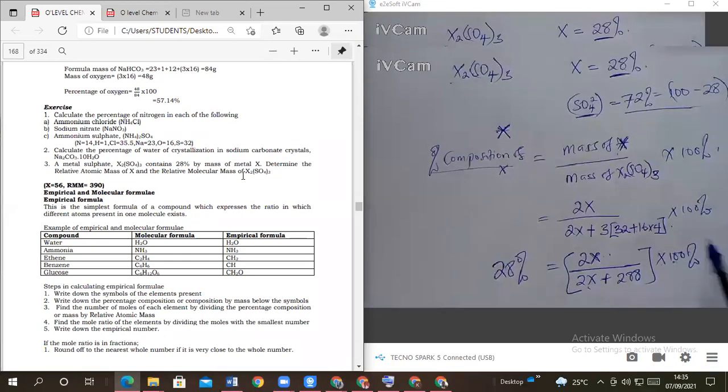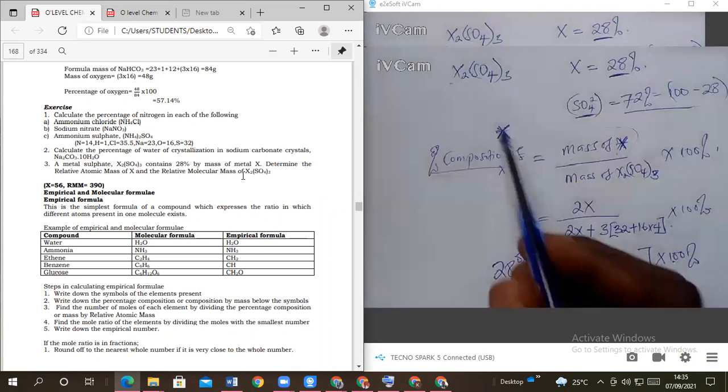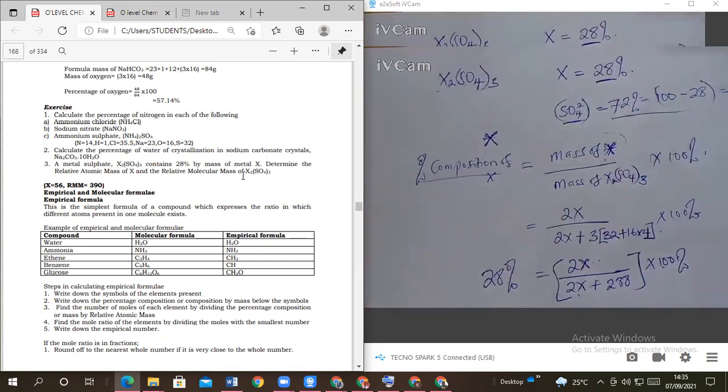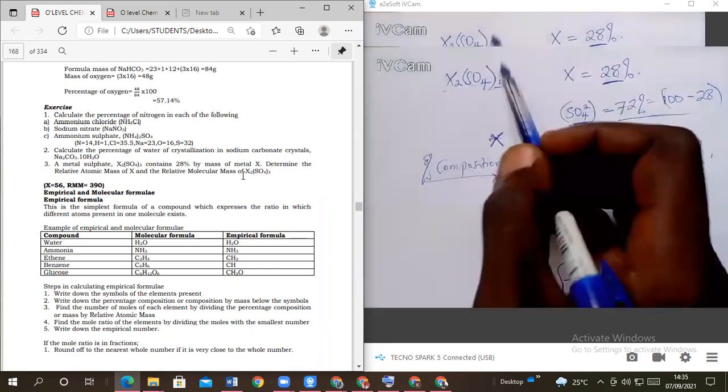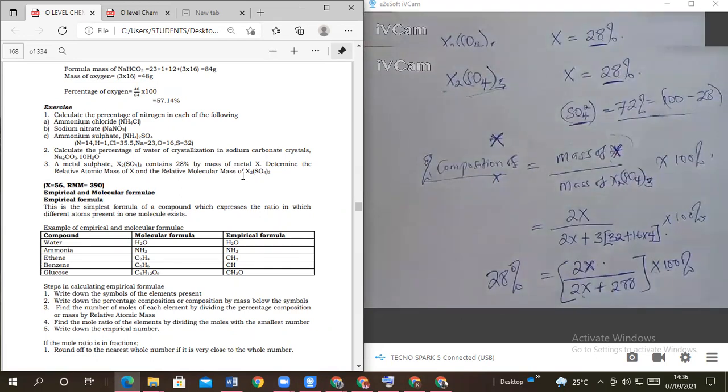But if we use the one of sulfate, we shall get, because we know the mass of a sulfate, isn't it? Yes? Can you calculate the mass of a sulfate in this compound? What is the mass of the sulfate? Here, SO4 times 3. What is the mass of this substance?